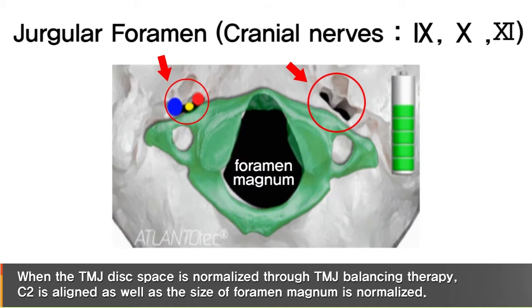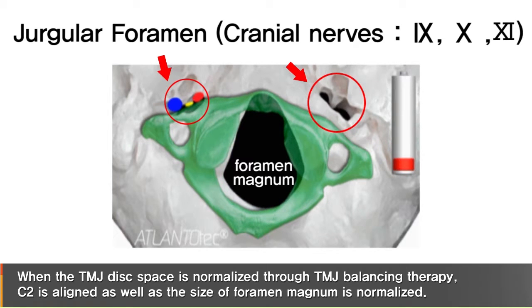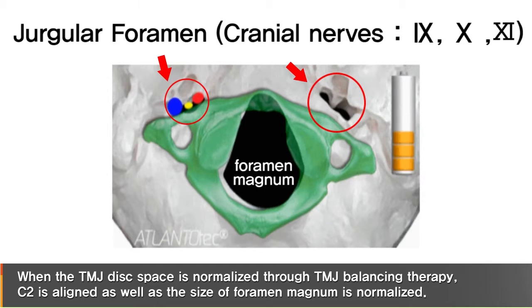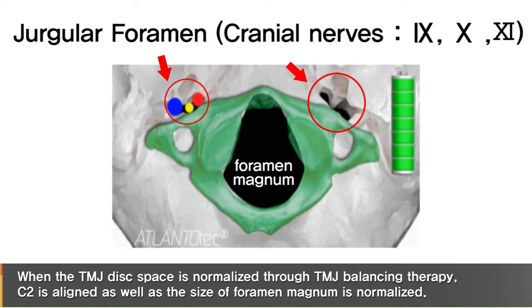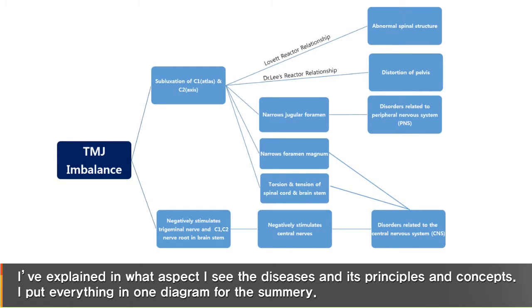When the TMJ disc space is normalized through TMJ balancing therapy, C2 is aligned as well as the size of the foramen magnum is normalized. I've explained in what aspect I see the disease and its principles and concepts.